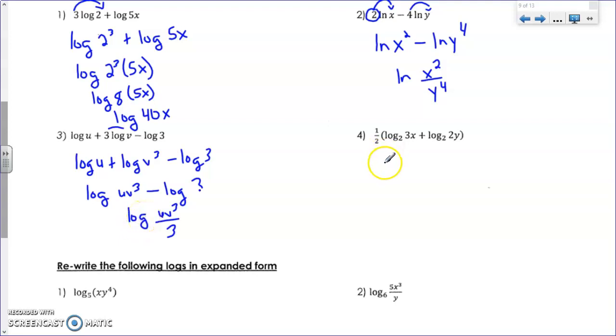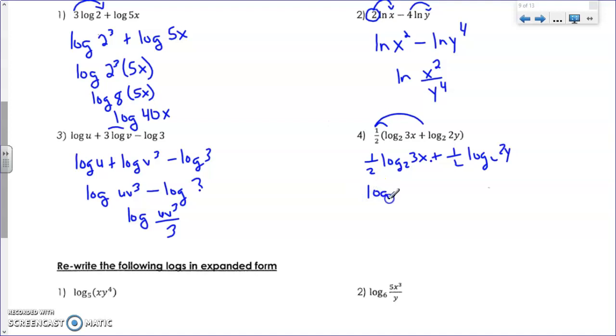Okay, here we're going to distribute this 1/2 to both logs. So we would have 1/2 log base 2 of 3x plus 1/2 log base 2 of 2y. This becomes an exponent, and it's the exponent of the entire thing.